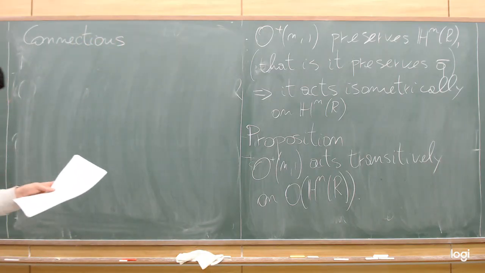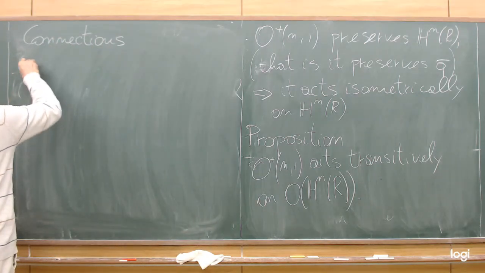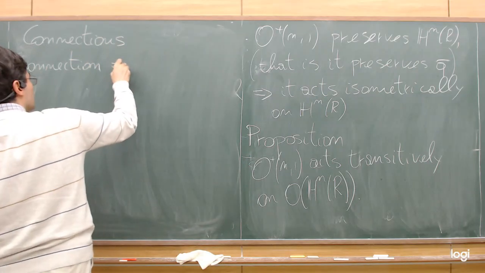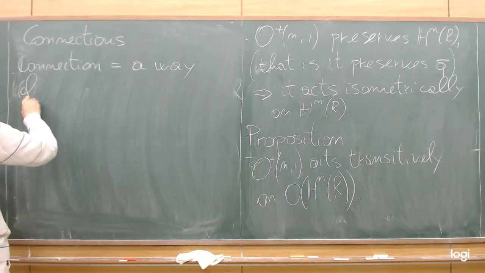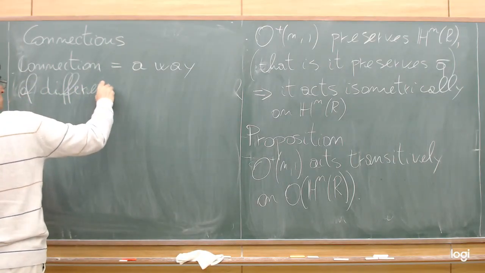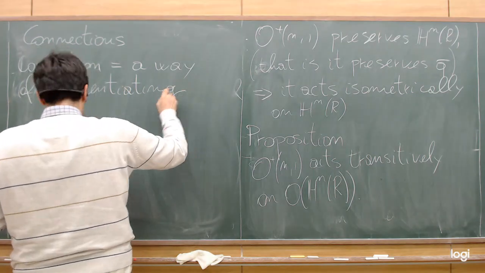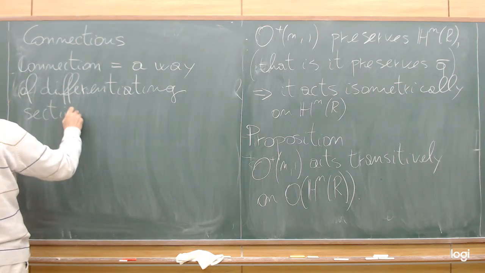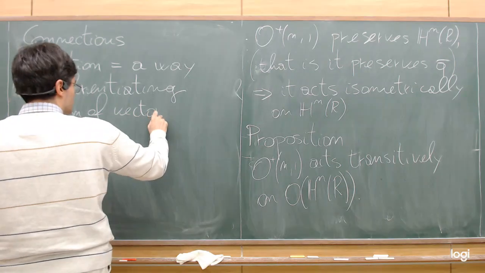Roughly speaking, a connection is a way of differentiating sections of vector bundles.